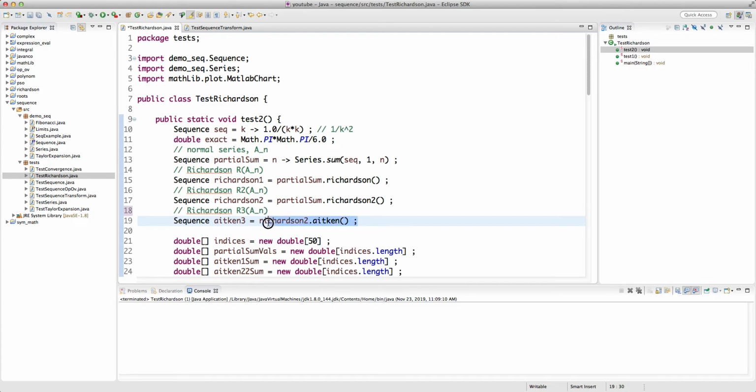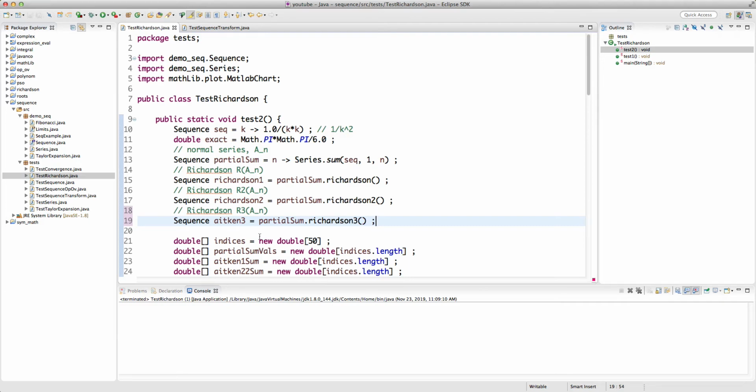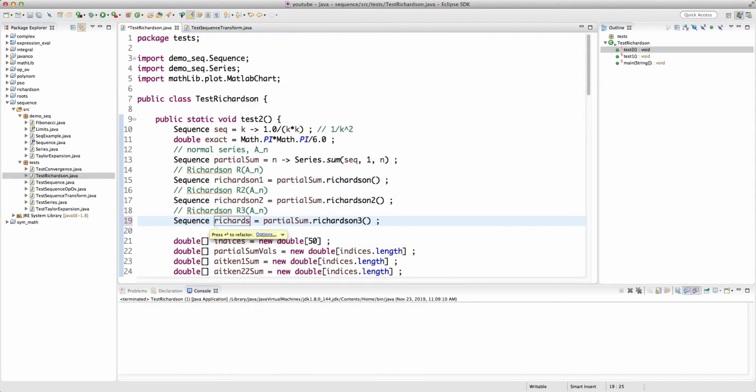So we take the partial sum and Richardson 3, and let's call this Richardson 3.